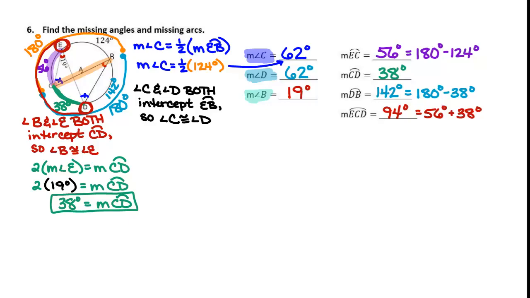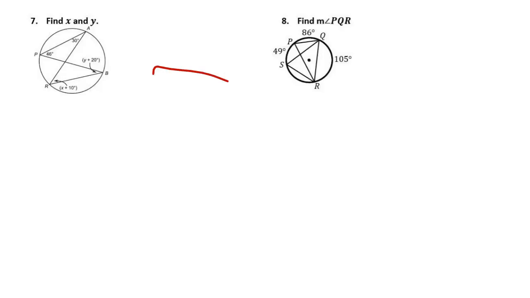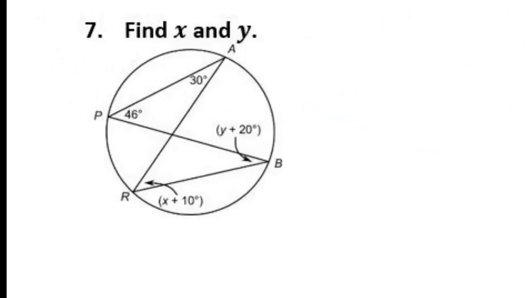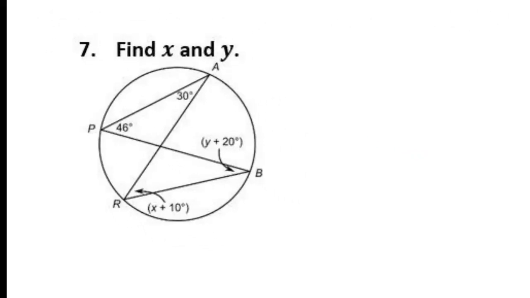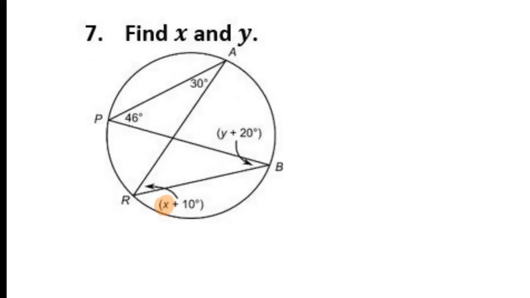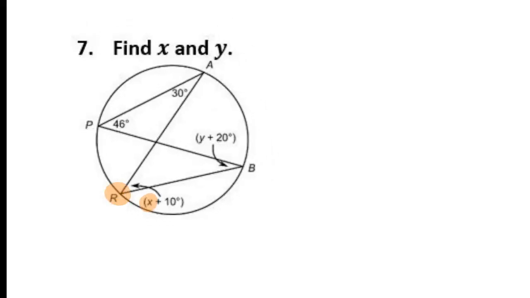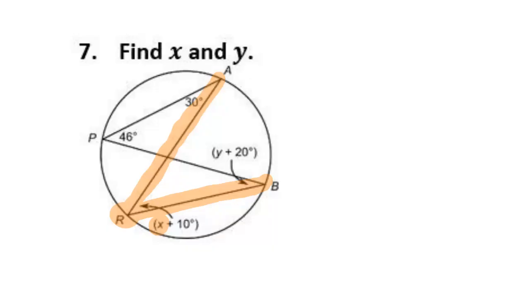All right, let's go down and look at numbers 7 and 8 now. Number 7 says find x and y. Well, let's see where we can find an x. Here's an x. X is part of angle R. And here's angle R. What arc is angle R intercepting? AB.